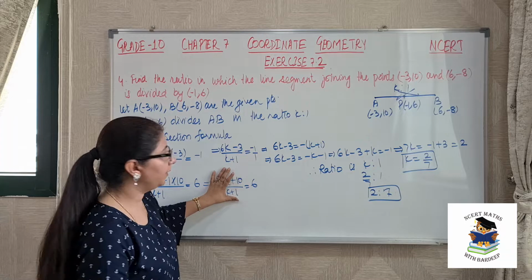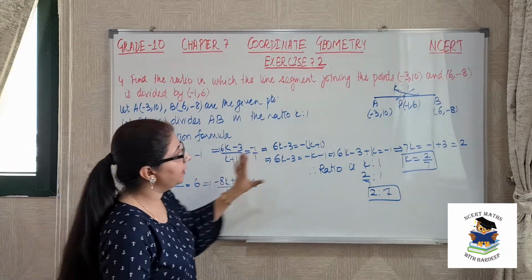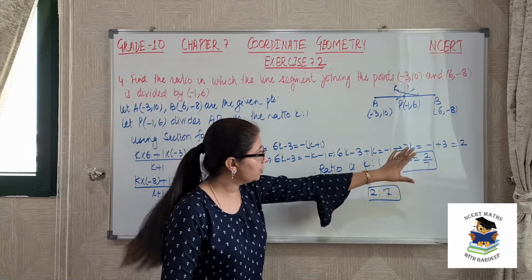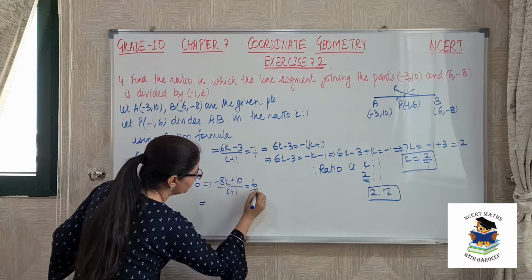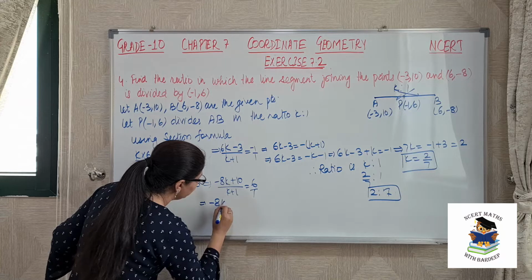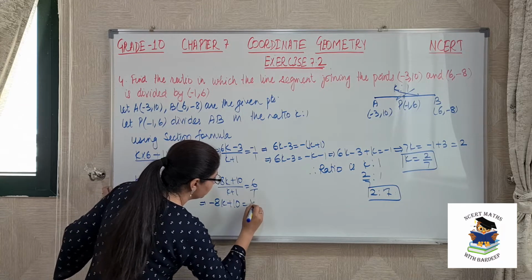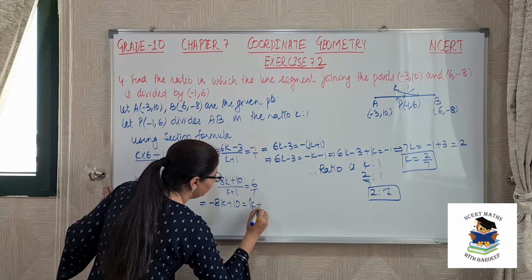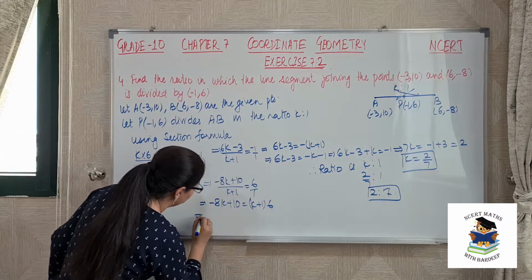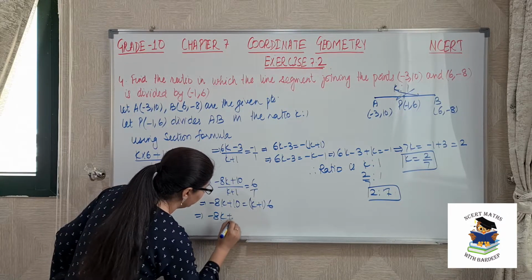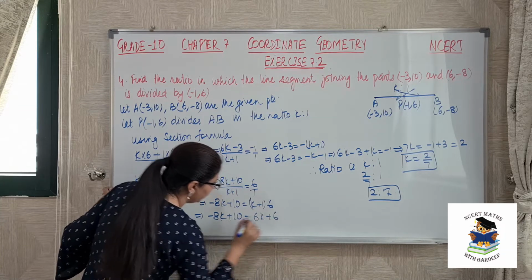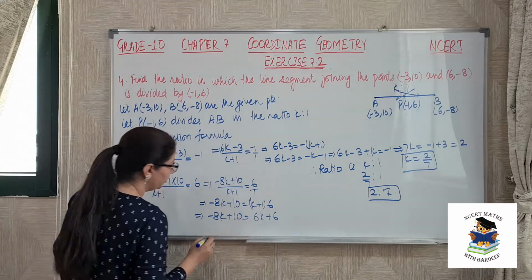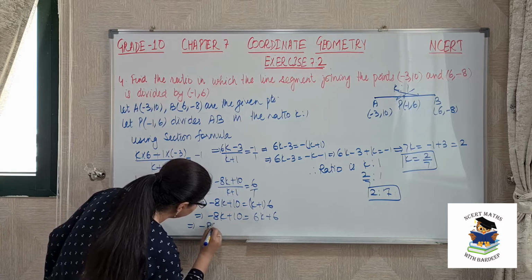If you want to verify, you can solve this and again you will get the value of k as 2 by 7. So let's see if we use, this is again cross multiplication. So minus 8k plus 10 is equals to k plus 1 times 6. So this is minus 8k plus 10 as 6k plus 6. So this will be shifted to this side, that is minus 8k.